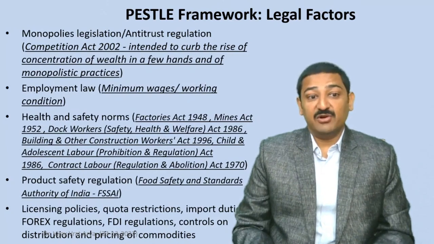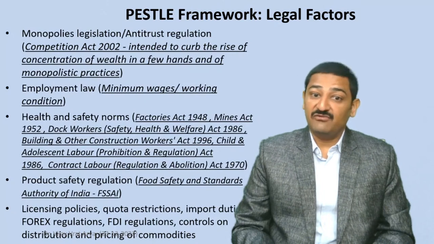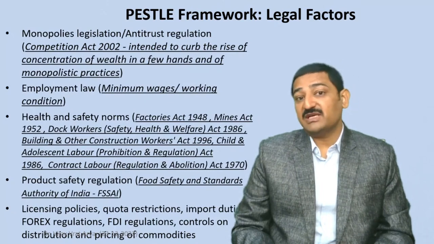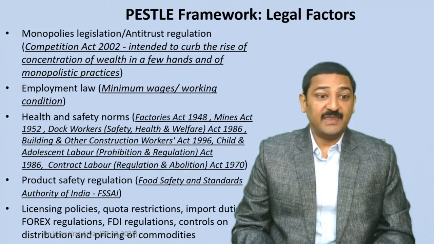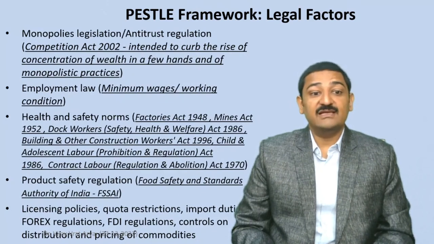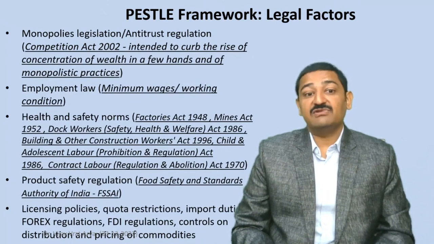Apart from that, employment law, which may address minimum wage norms and working conditions. So from that perspective, employment laws need to be considered. Apart from that, health and safety norms, which in India are guided by different laws.